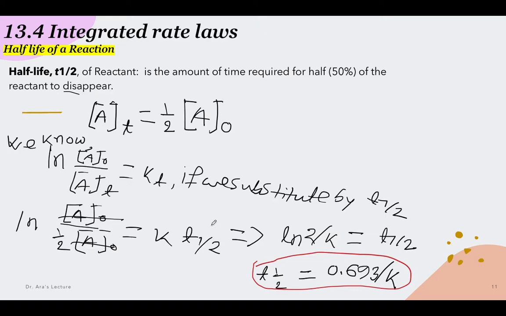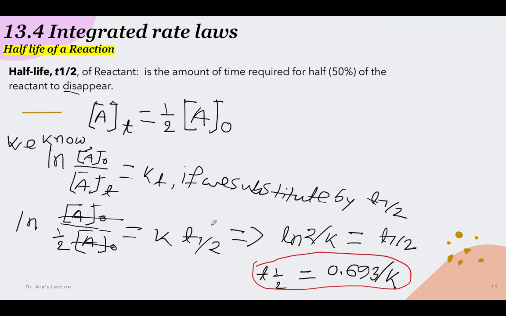Half-life. The half-life of a reactant means the amount of time required for half, 50%, of the reactant to disappear. As we said, the integrated rate law is always the change of concentration over time. So here half-life, or T-half, means the time we need for 50% of the reactants to disappear.